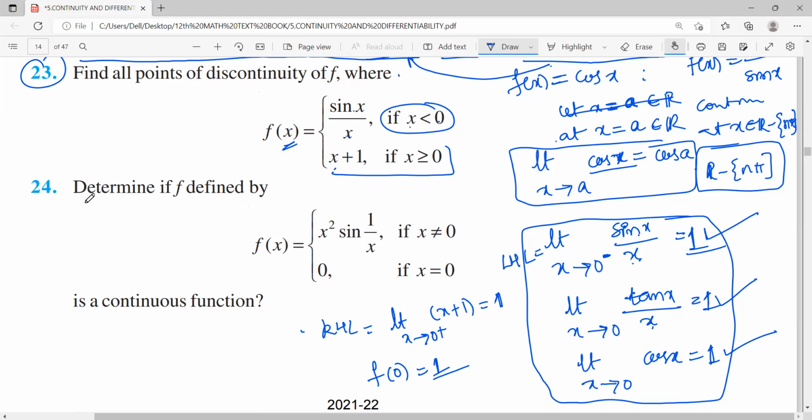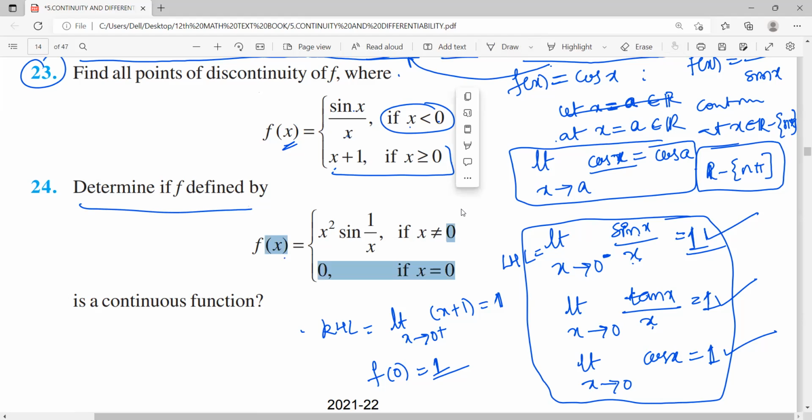Now, determine whether f is a continuous function or not. Continuous function means it is continuous at all the points. We have to check 0 again. It would be continuous because both sides will have the same LHL and RHL.